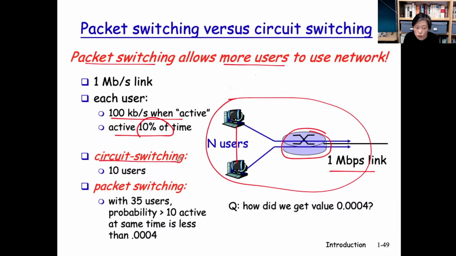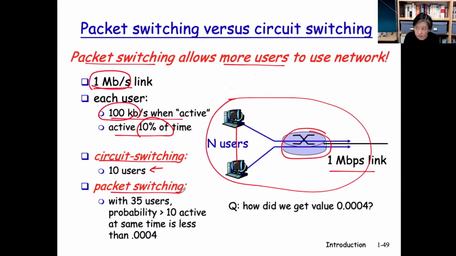In a circuit switch network, each user at maximum requires 100 kilobits per second, so we reserve 100 kilobits per second for each of the users. And how many users are we allowed to reserve bandwidth for? This is 1,000 kilobits, so we can only allow 10 users, 10 circuits.